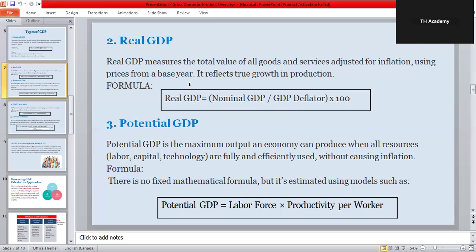If the actual GDP is lower than potential GDP, it means resources are underused. Maybe people are unemployed or factories are not working at full capacity. Whereas if the actual GDP is higher than potential GDP, the economy is overheating and inflation might rise.